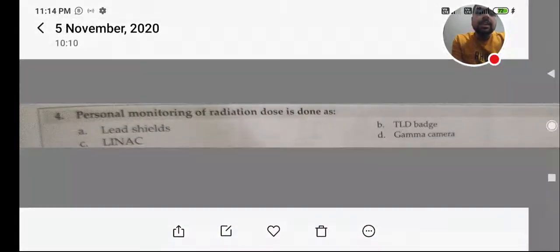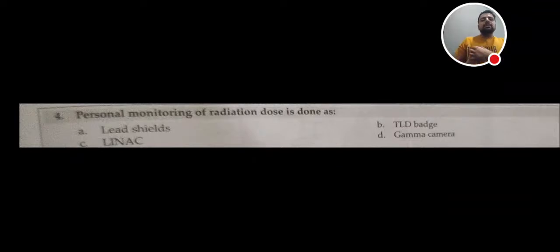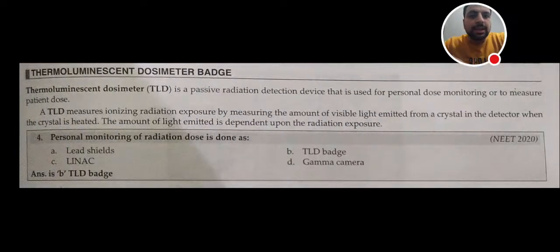Let's discuss why. When you are in an operation theater, you have to wear a TLD badge when there is radiation exposure, or in radiotherapy or the X-ray department, where you are going to wear a lead apron. So TLD badge is there. What is TLD? TLD is a thermoluminescent dosimeter badge, a passive radiation detection device that is used for personal dose monitoring.